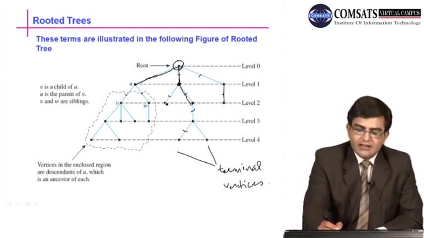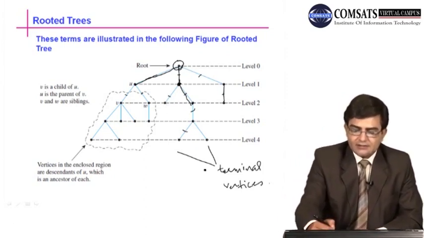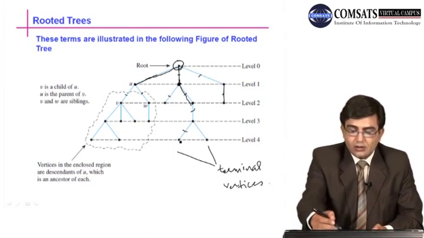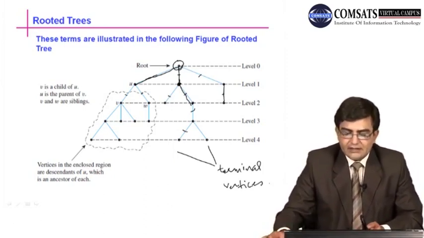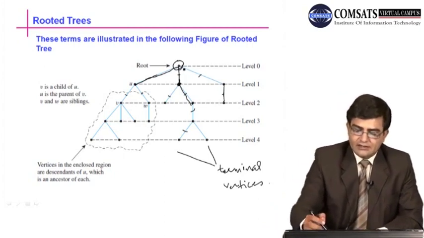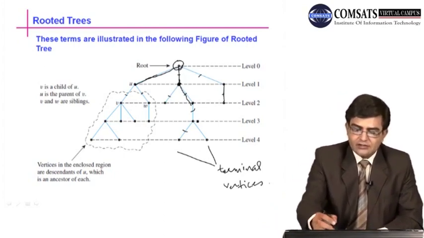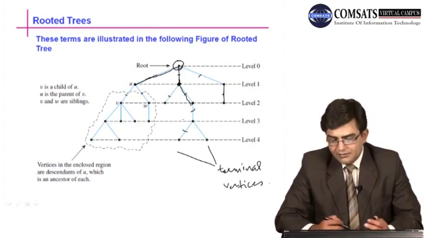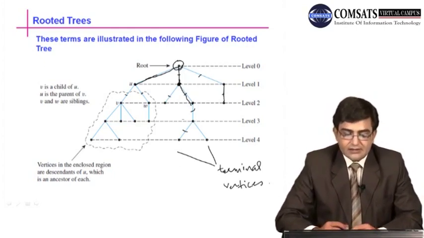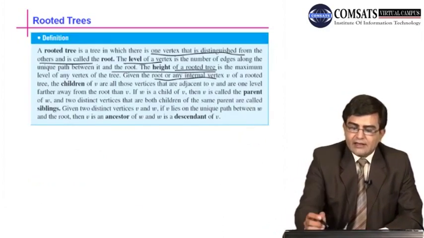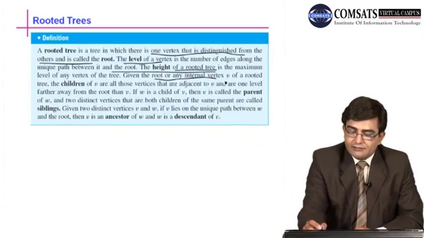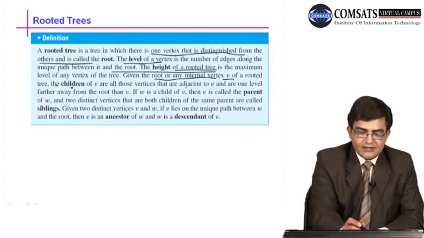So if this vertex is not the last or the initial one, then these are the terminal vertices, and all the vertices in between them are called internal vertices.